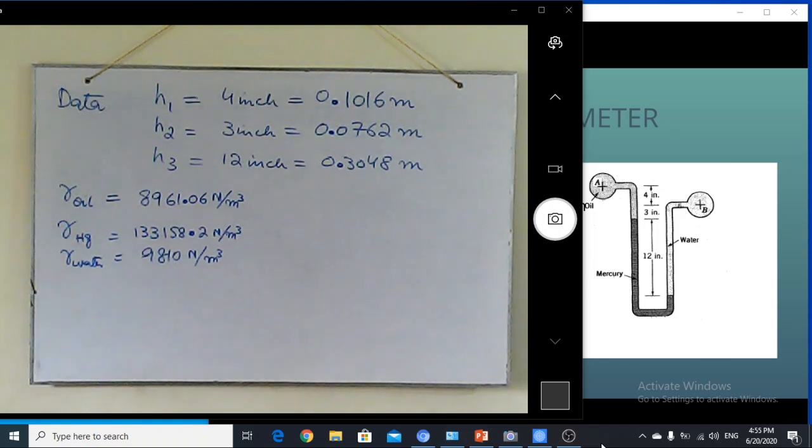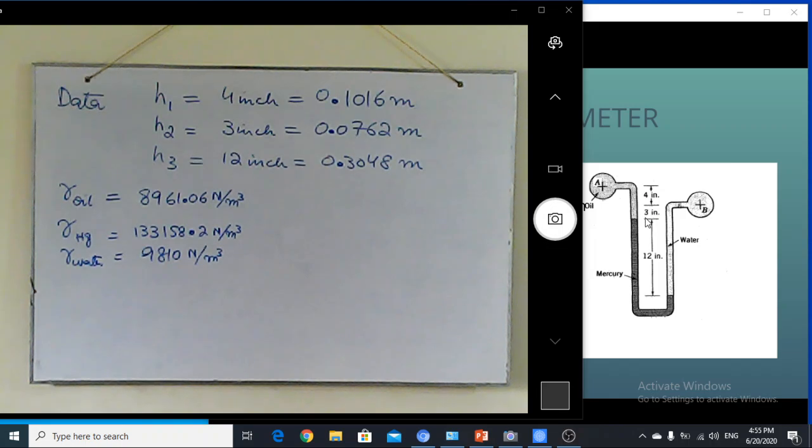The figure is in front of you, so you can see that from point A, this distance is divided into two parts, 4 inch and 3 inch. I represent 4 inch with the variable h1, this 3 inch with h2, and this complete 12 inch with height h3.